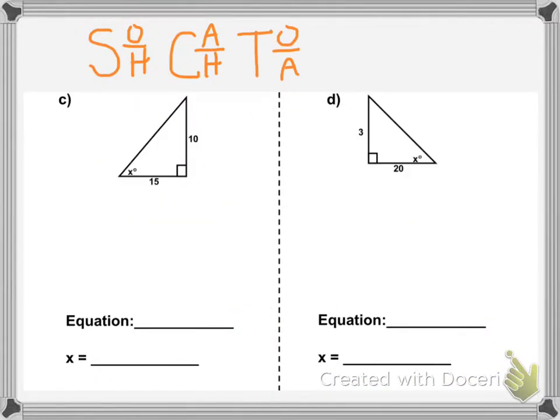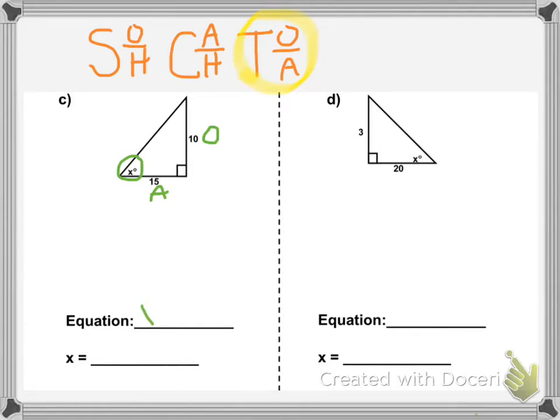All right, here's a couple more and then we're done. So we're trying to find this angle measure X. The 10 and the 15 are the O and the A. O and A is TOA. So we haven't used tangent yet. T is for tangent.